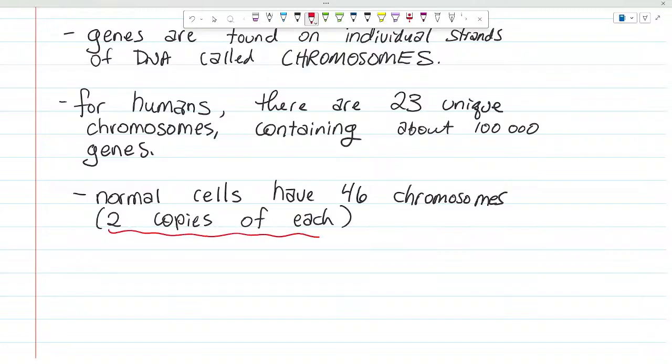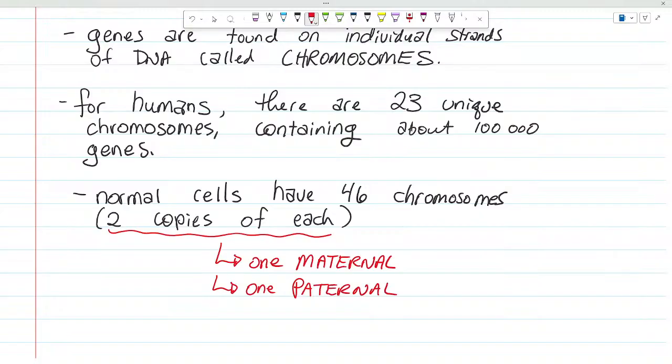And when we say 2 copies of each, we said already 1 maternal and 1 paternal. Do I need to define maternal and paternal, or are we comfortable with those terms? Maternal means from your mother, and paternal means from your father, right? 1 from biological mom, 1 from biological dad.